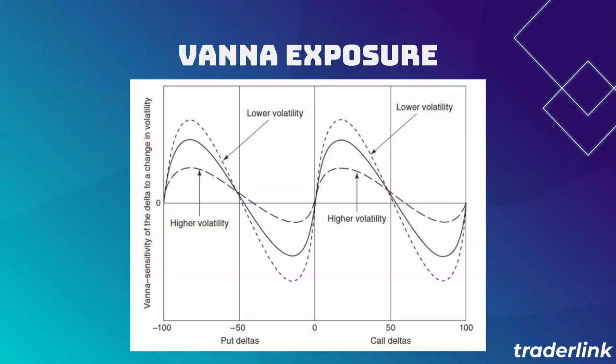Which would in turn mean lower market volatility. And the lowest bars on the Vanna exposure chart would be higher volatility areas. And you can cross-reference this image. We'll link the PowerPoint in our Discord so you guys can cross-reference this with the Traderlink bar graphs themselves.